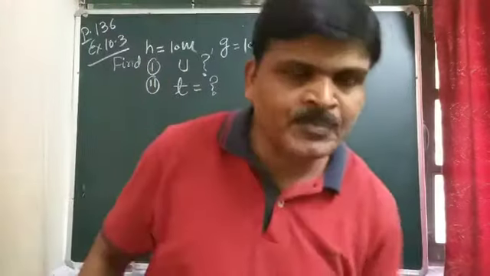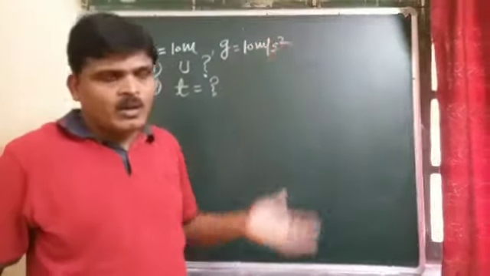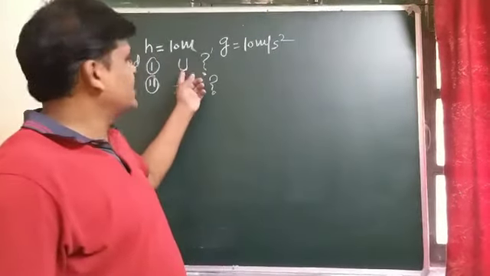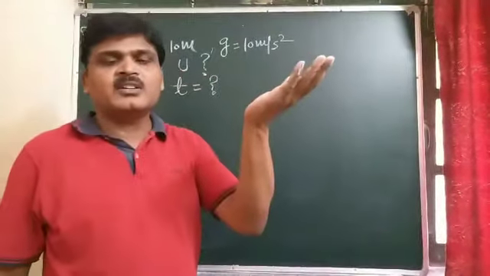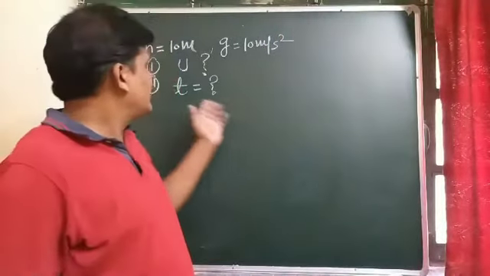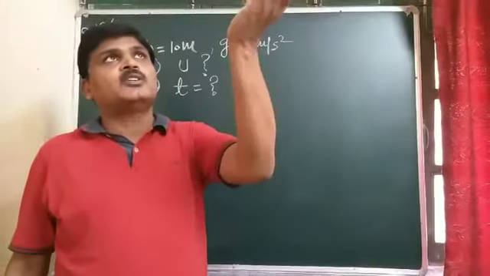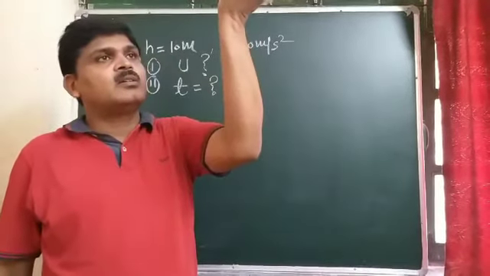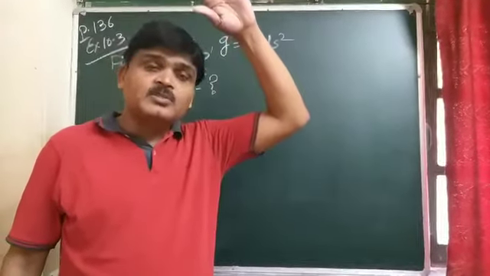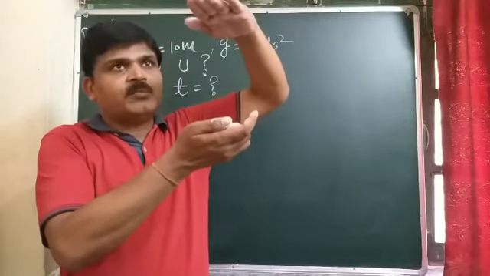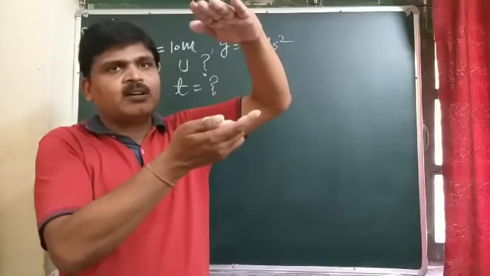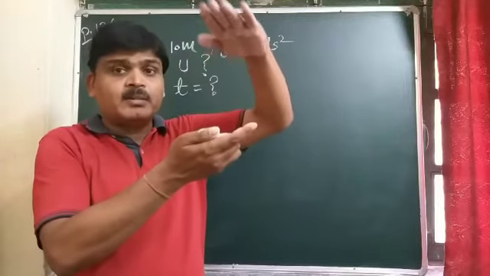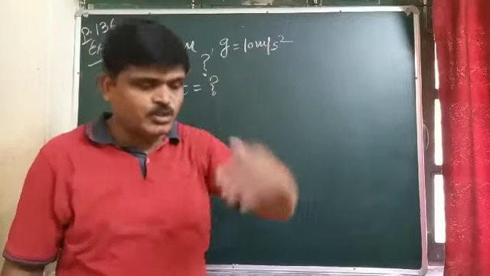So student, when an object is thrown vertically upward, we have to find with what velocity it is thrown and the time taken to reach maximum height. When the object reaches maximum height, for a moment it comes to rest. It means the final velocity of the object at maximum height is 0.